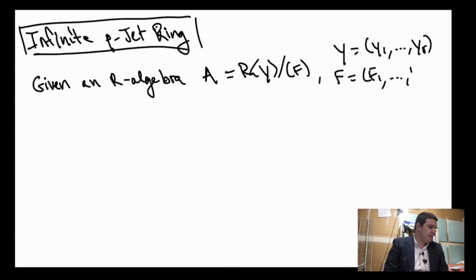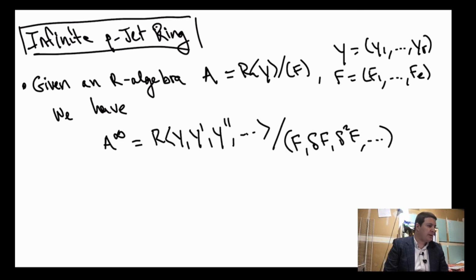Okay, so I wanted to talk about the infinite jet ring. If you have a ring and you want a lift of the Frobenius, this is how you get your lift of the Frobenius. You make this ring, right? What you do is you take your indeterminates, and then you just keep adding derivatives to them.